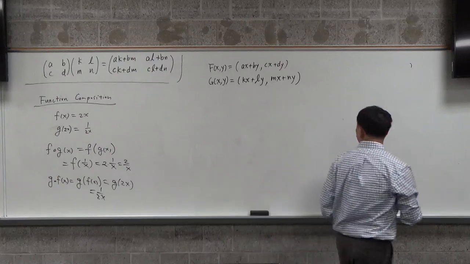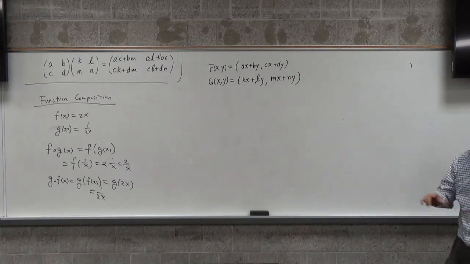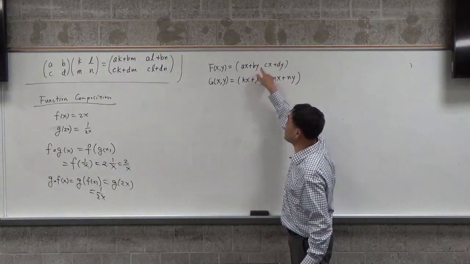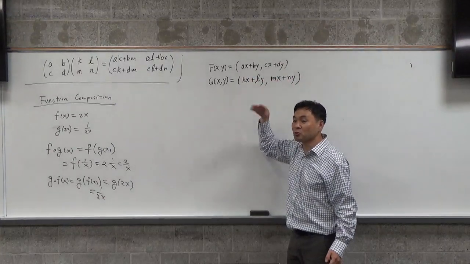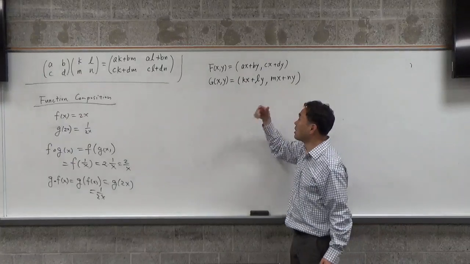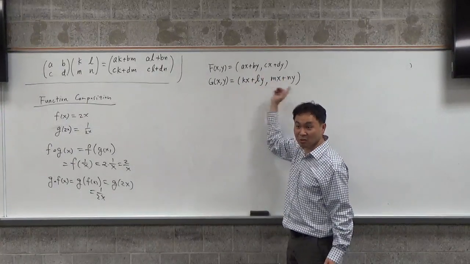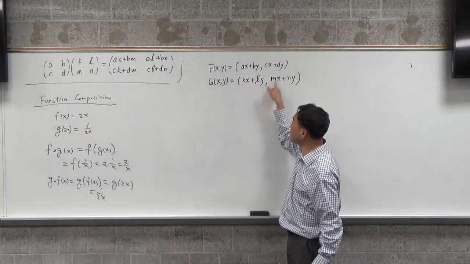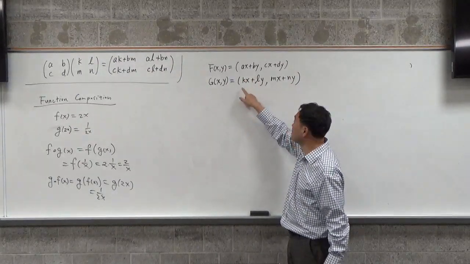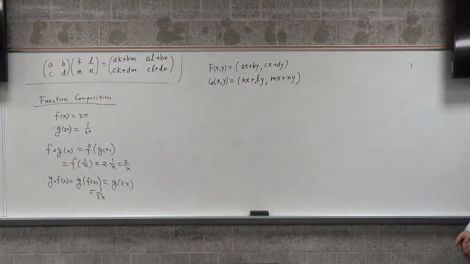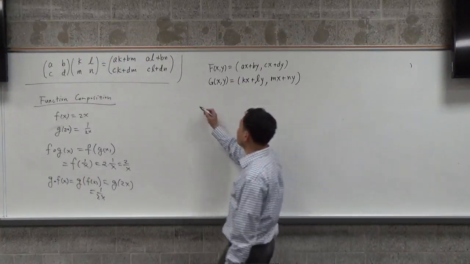Okay. So again, k, l, m, n are numbers like a, b, c, d. So if you're given 2 linear functions from R2 to R2, one should look like that, and another should look like another one of these. With different numbers, so instead of using a, b, c, I'm using k, l, m, n. These are just some numbers. Okay. All right. Let's now compose them.